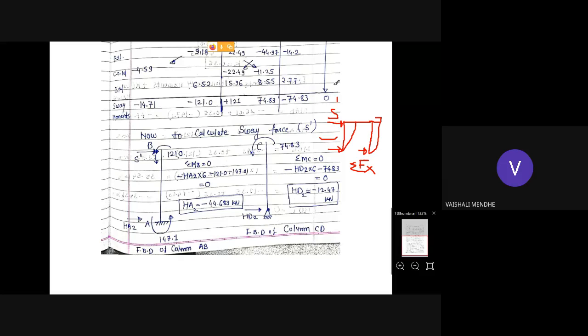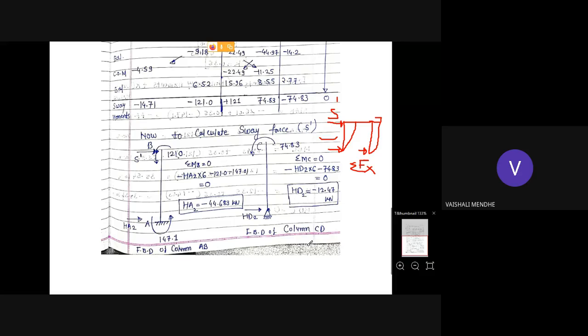To calculate this force, which equation will you get? How will you get that S dash force, or calculate that value?